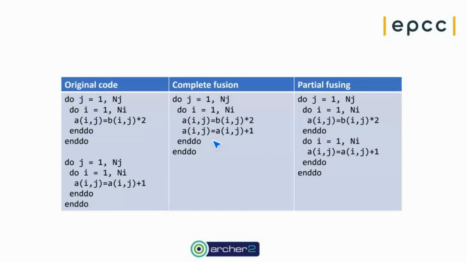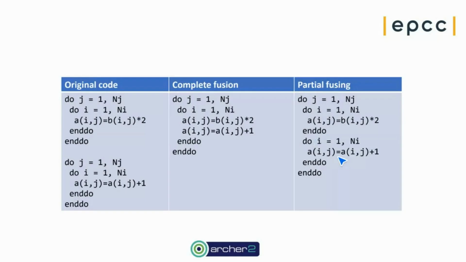But because we've got a double loop nest here, there's also an intermediate solution. So we can basically have a single outer loop, but keep the I loops separate. That means that we're basically doing one row at a time. So as long as one row of A fits in the cache, then we get to reuse that straight away.